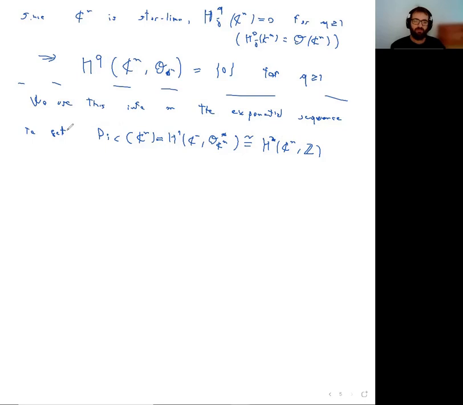Because on the left we would have the H1 of Cn, O, which is 0, and here we would have the H2 of Cn, O, which is 0. So we get an isomorphism. But we know also that this H2 of locally constant functions is 0 as well. This is direct.